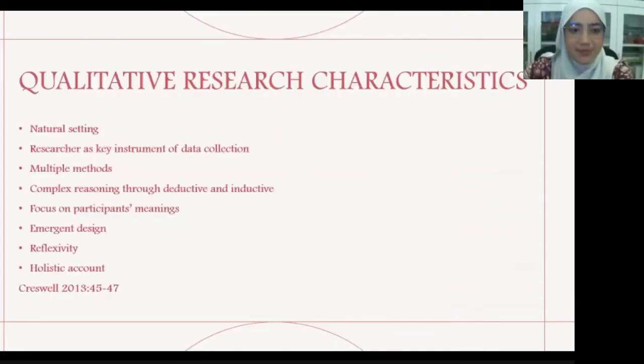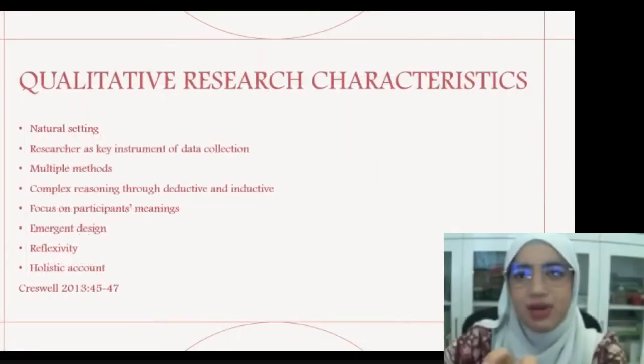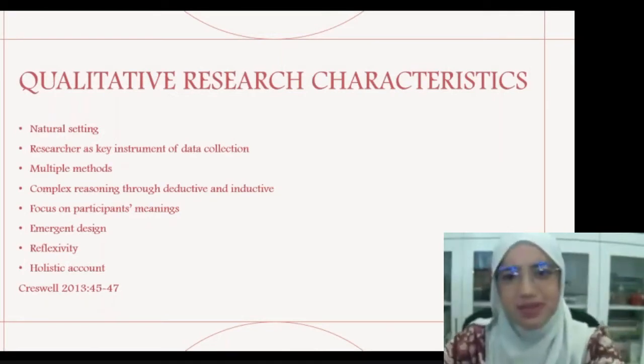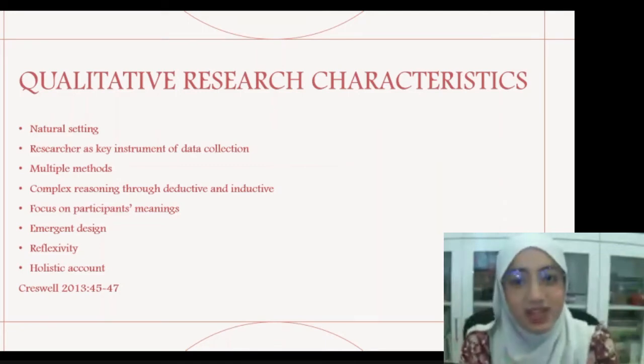Okay, so essentially, to summarize, qualitative research characteristics. It is in a natural setting. The researcher is the key instrument of data collection. If in quantitative research, you are really focusing on how do I get the most solid survey, so you do expert review, you do pilot tests, you run some reliability, validity tests to make sure your survey or your instrument is solid.